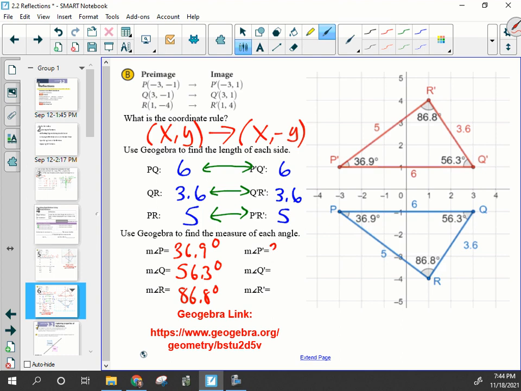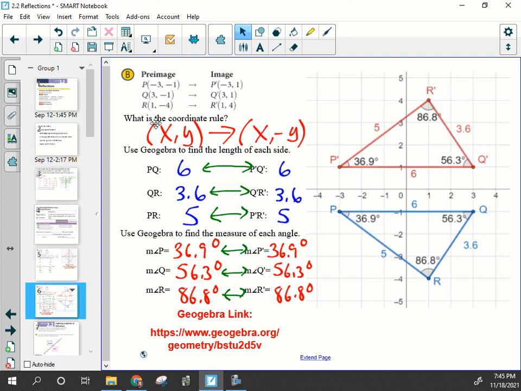And P prime is 36.9 degrees. Q prime is 56.3, and R prime is 86.8 degrees. Again, you will notice the corresponding angles, the 2 P's, the 2 Q's, and the 2 R's all have the same measure. So again, it shows that reflections do preserve angle measures.